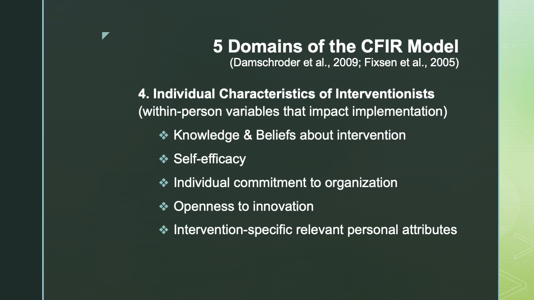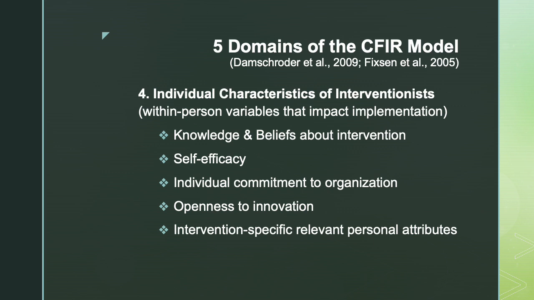So the fourth domain then of the CFIR model is to consider the individual characteristics of the interventionists. These are those within-person variables that are going to impact implementation. This is where we get into knowledge, beliefs, sense of self-efficacy, the individual's commitment to the organization, and their own personal openness to innovation. So less about the setting, less about the organization or the zeitgeist of the place, more about individual values and characteristics.